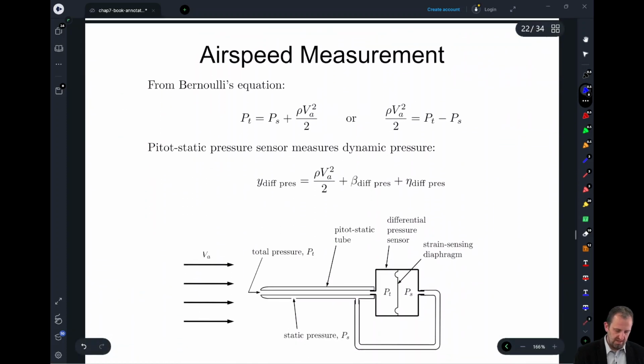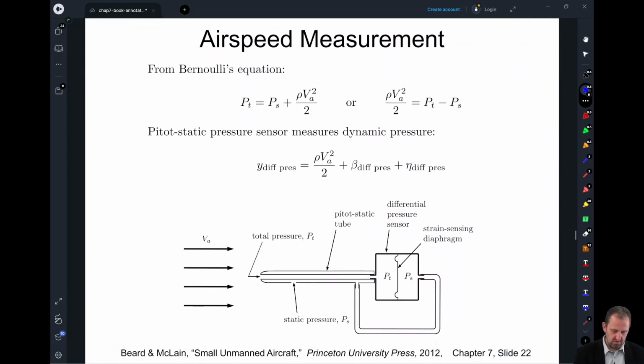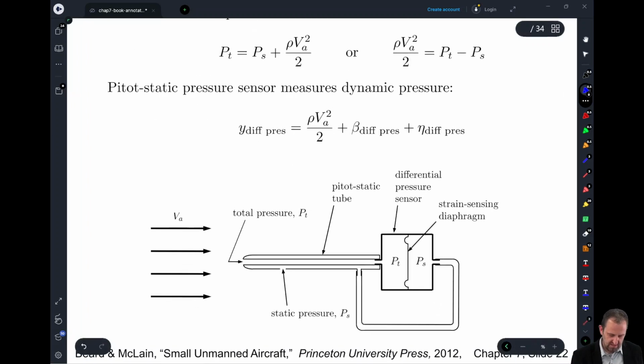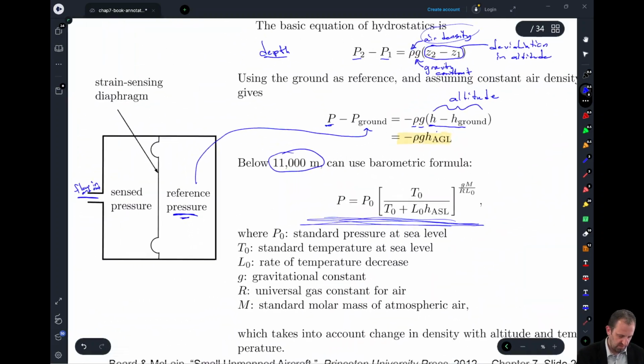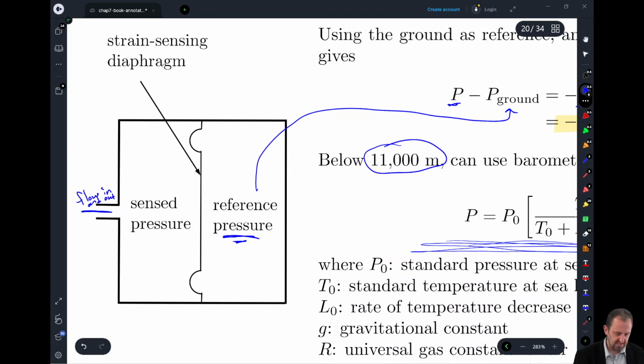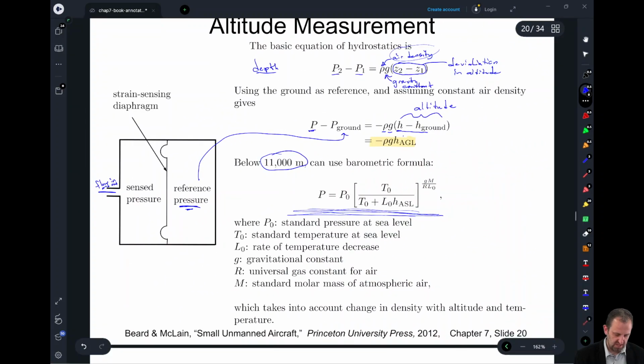Okay. Now our airspeed, we're going to do slightly differently. So if you recall, let's review this one. Our reference pressure in this case is a sealed container. So we've pumped air into it, and it's not going to be changing.